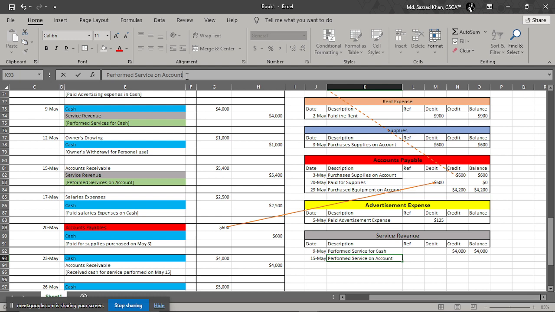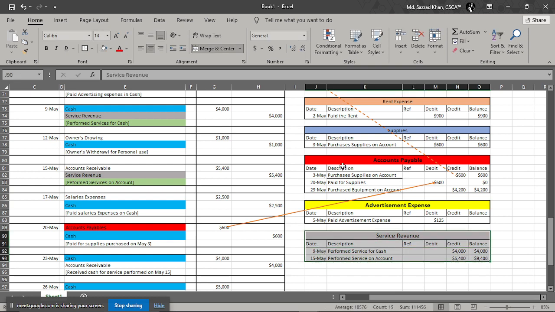How did it affect it? Service revenue was credited, right? 5,400. So what would be the balance? As this is the general balance of service revenue, it is a credit balance, so we add credit.